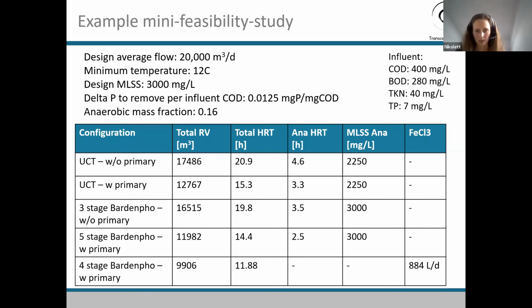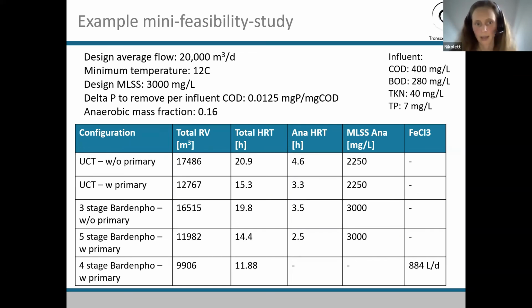And the reason for this is, again, very obvious, because in the UCT configuration, we have the MLSS in the anaerobic zone lower compared to the rest of the facility, because we are having a separate MLSS recycle line for the anaerobic zone. We cannot have the same exact MLSS available.